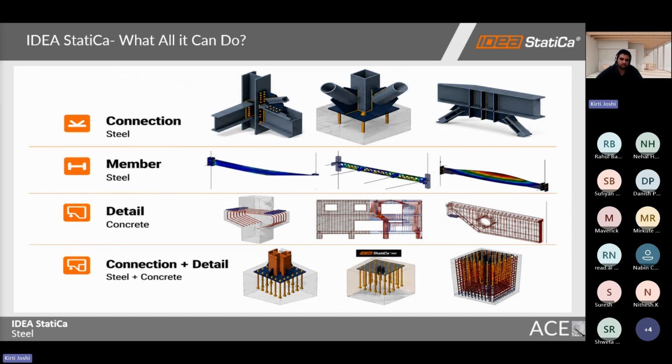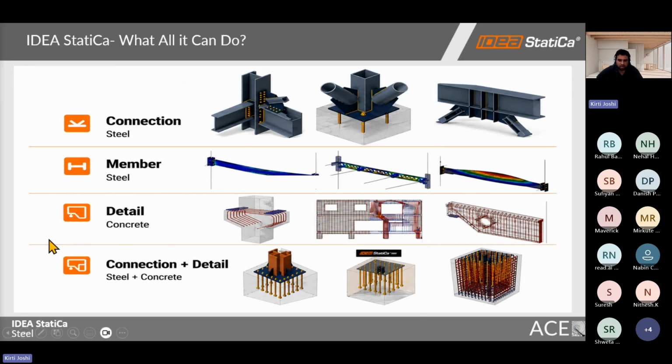In the member analysis it performs advanced analysis that includes materially linear and non-linear, and geometrically and materially non-linear analysis. We call it the GMNIA. And it also includes the linear buckling analysis to evaluate your member stability and the buckling behavior.